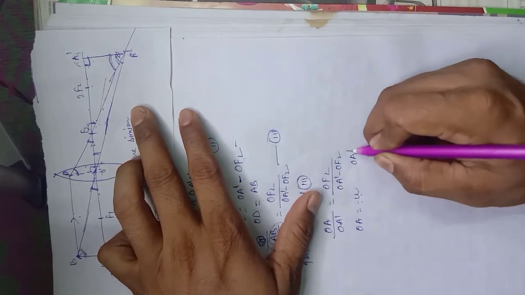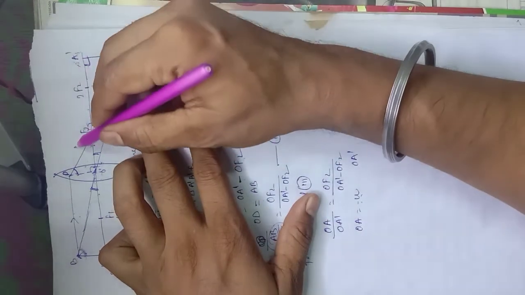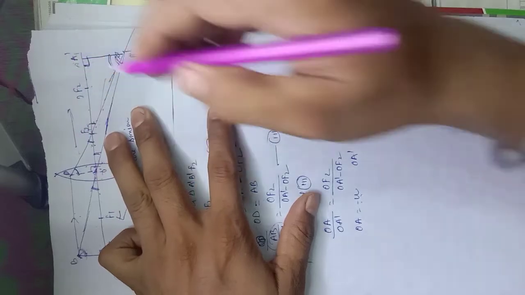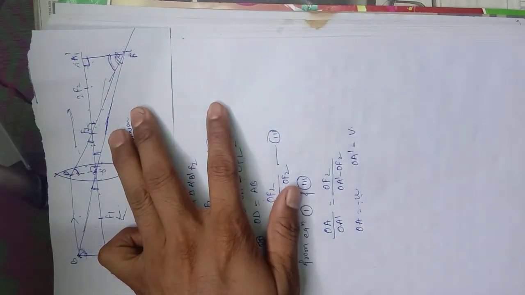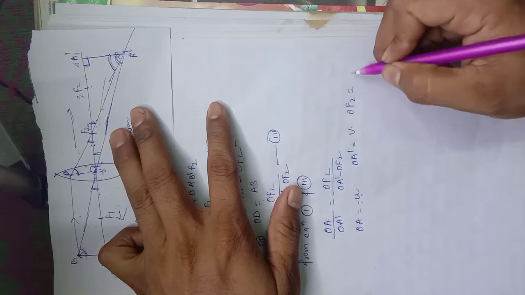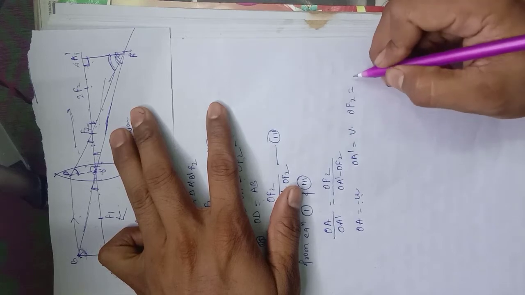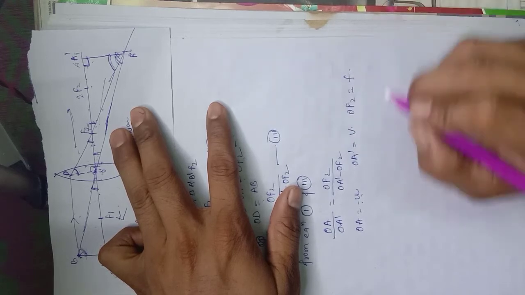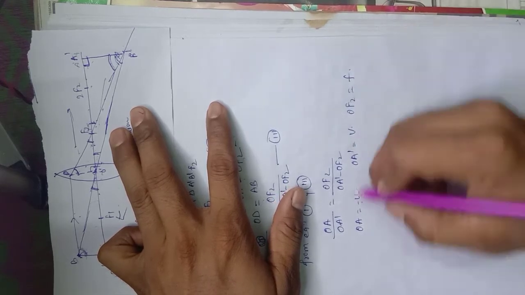Similarly OA dash is the image distance, and this image distance is along the incident ray, so it's positive. OF2 is also positive because it's in the same direction as the incident ray, so we consider it as plus f. Now we put all these values here.